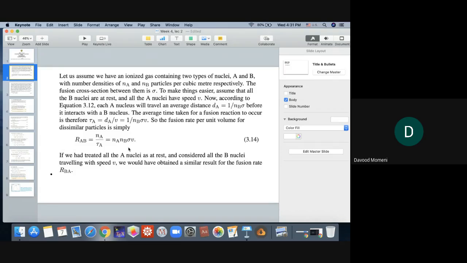This is the fusion rate of the nuclear reactions between two elements, A and B.